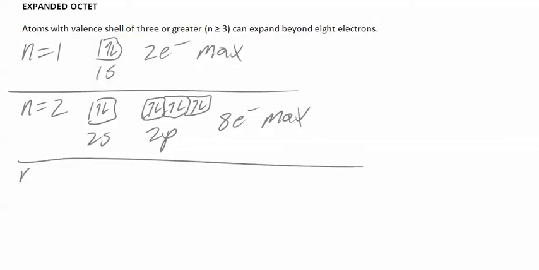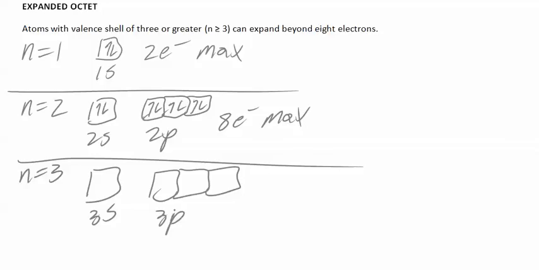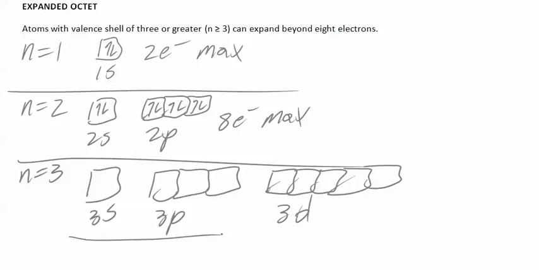But if you move to the third shell, we have the 3s, the 3p, and even though it's not always used, we have the 3d subshell. So not only can we fit 8 in the 3s and the 3p, we can fit more than 8 because we have this extra space to throw extras in if there's some advantage in doing so.